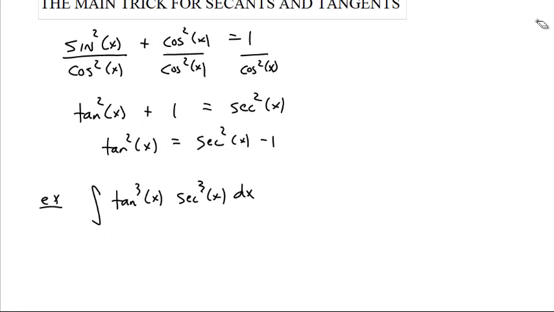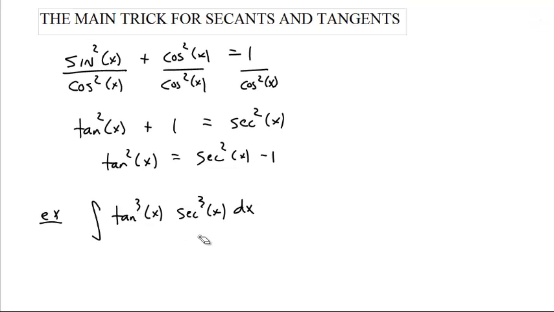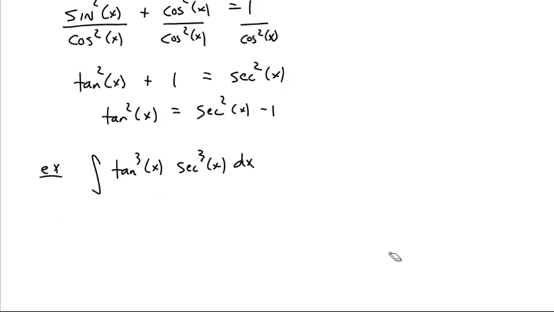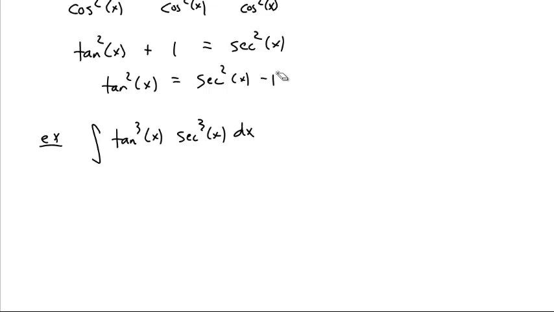For example, tangent cubed, secant cubed. You can't set u equal to tangent because we'd want secant squared, and we have secant cubed, that's too many. We can't set u equal to secant because we'd need a du of tangent secant. We have too many tangents. But we can use this trick to convert most of the tangents into secants.